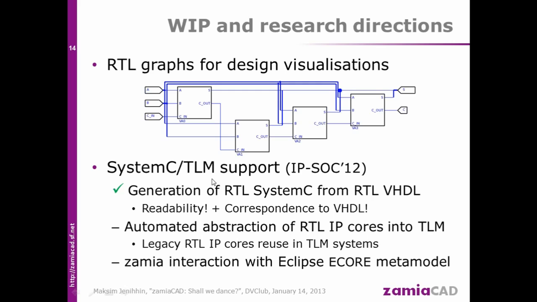And actually, already now in Zamia, you can generate RTL SystemC from RTL VHDL, and this approach provides very readable output with a good correspondence to the original VHDL. We are targeting automated abstraction of RTL IP cores into TLM. And here we also consider a better interaction with Eclipse eCore meta models.